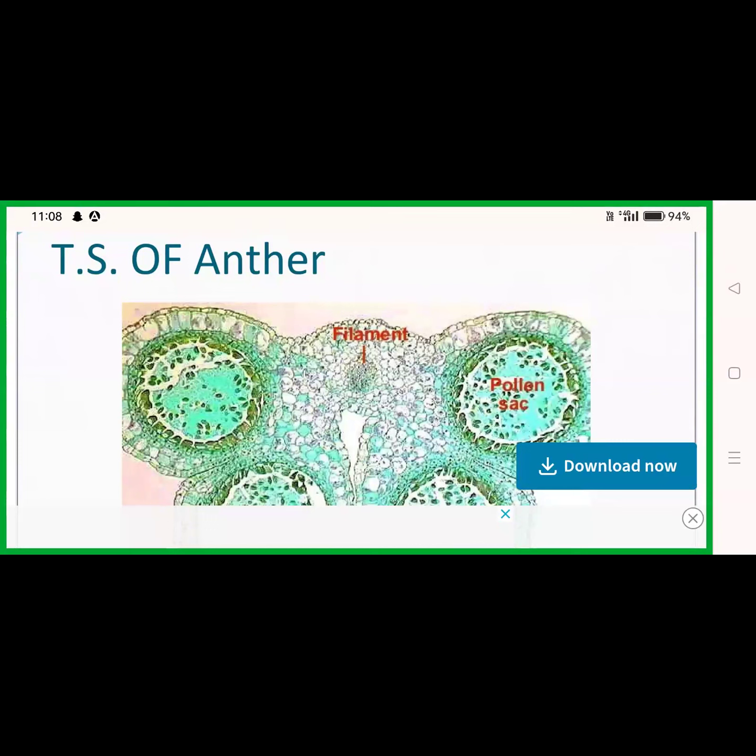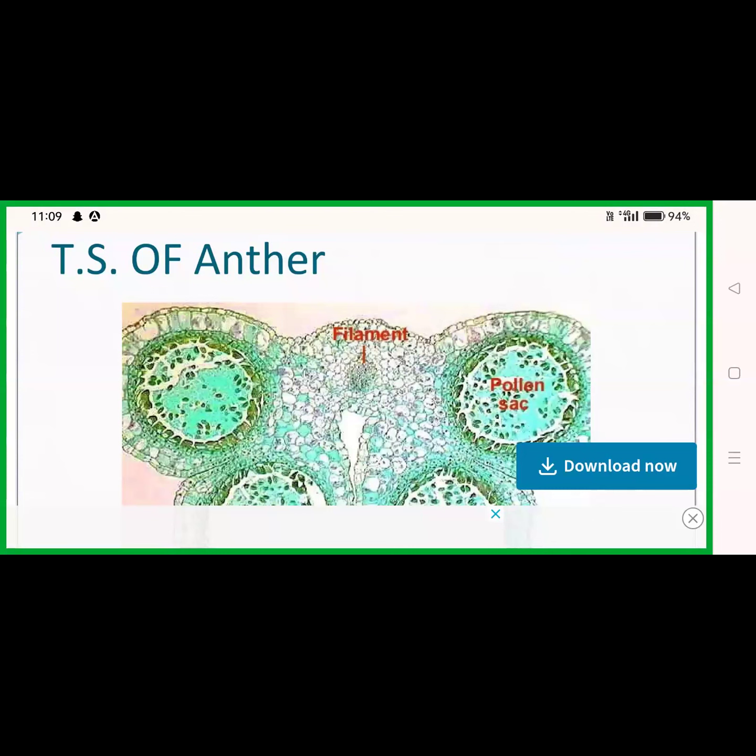Dithecous means each anther lobe consists of a pair of pollen sacs or microsporangia. So that's why we observe that the anther has 4 microsporangia. Okay, in some members of Malvaceae it is bisporangiate, but bi means only 2 are there.